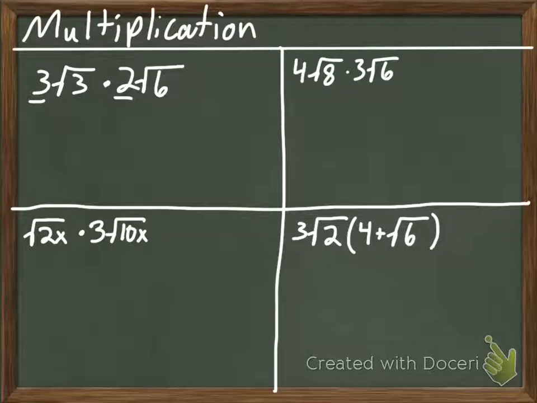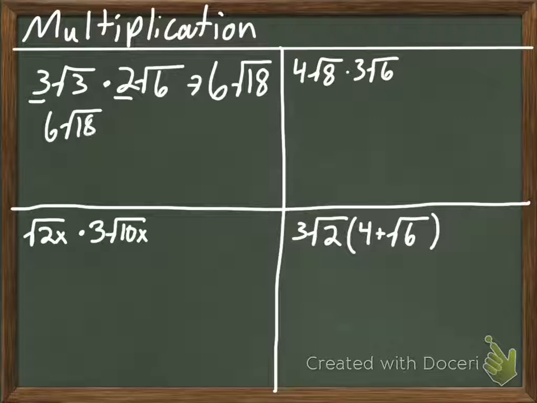So we start with the outside: 3 times 2 gives us 6. Multiply the inside: 3 times 6 gives us 18. And then again we check, is that square root simplified? And we know that 18 is not. So we have to simplify that 6 square root 18.